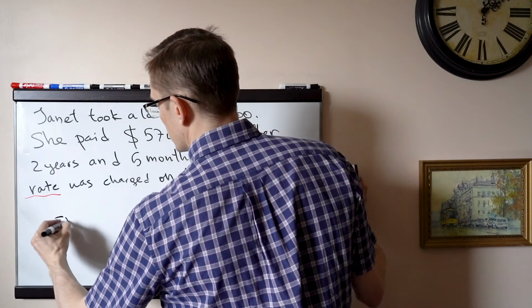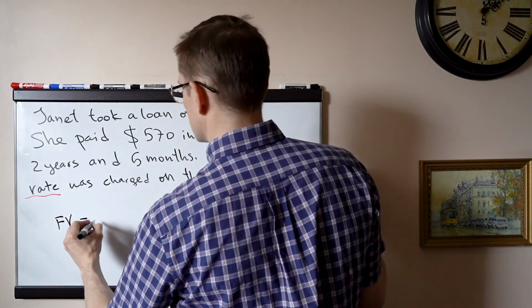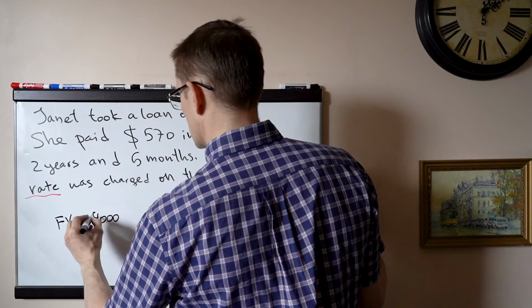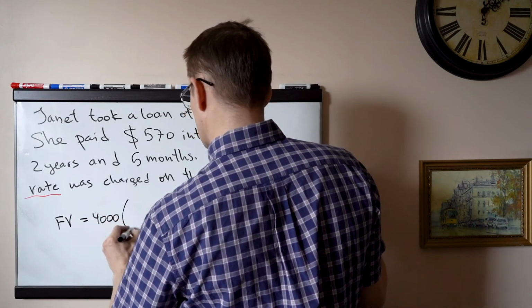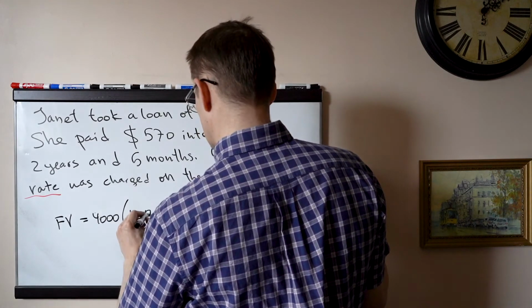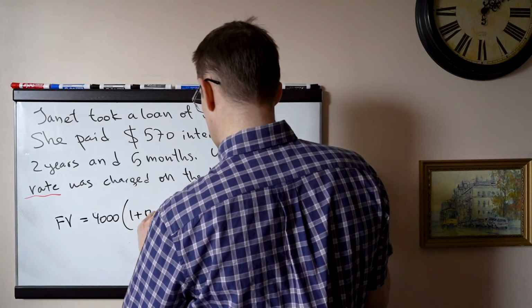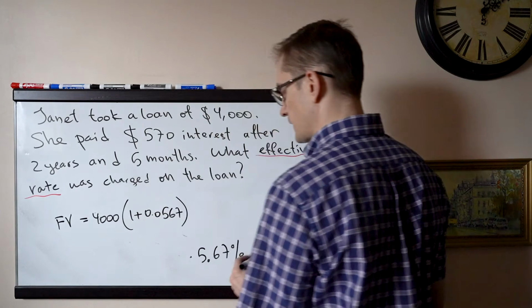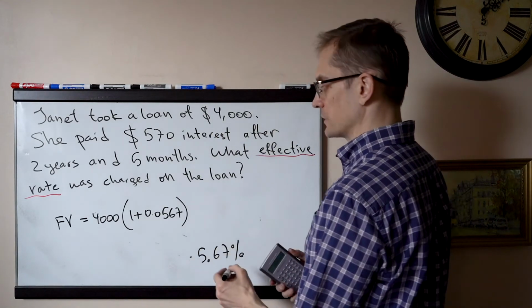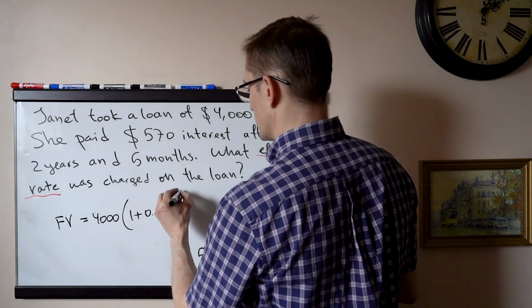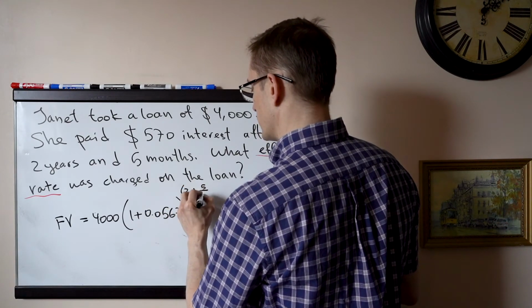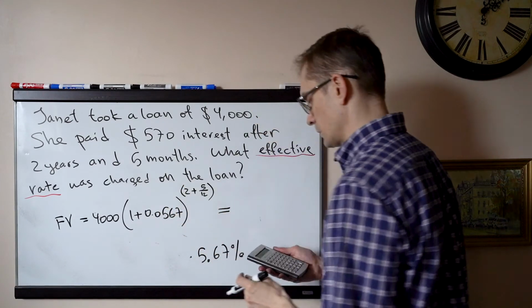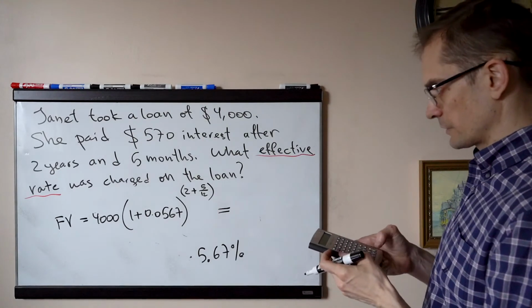So we can always find future value. Invest $4,000 times 1 plus 0.0567. So we invest at this rate, which is compounded annually, for an exponent of 2 plus 5 over 12. Okay, so let's calculate that.